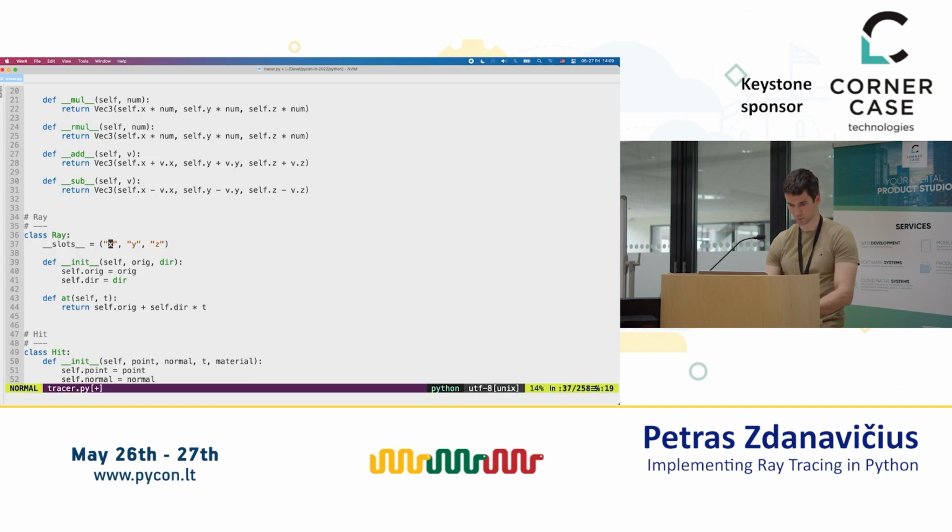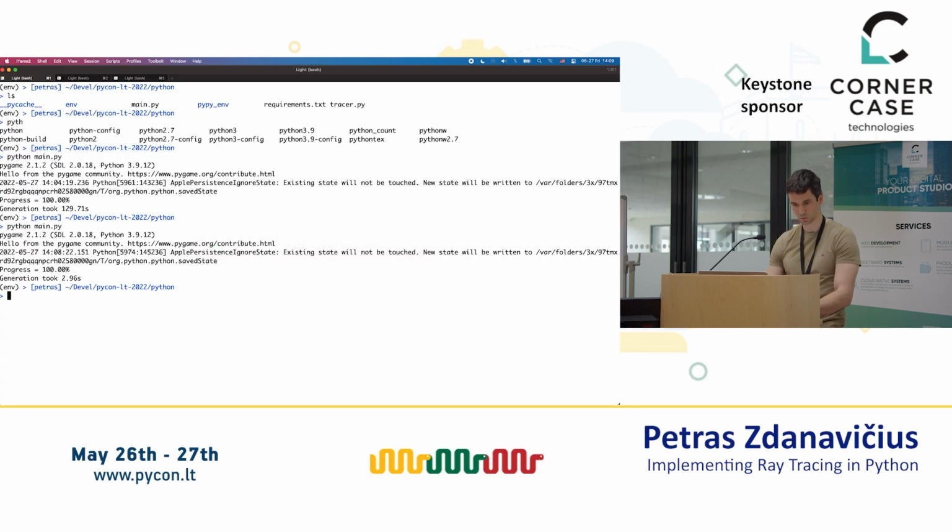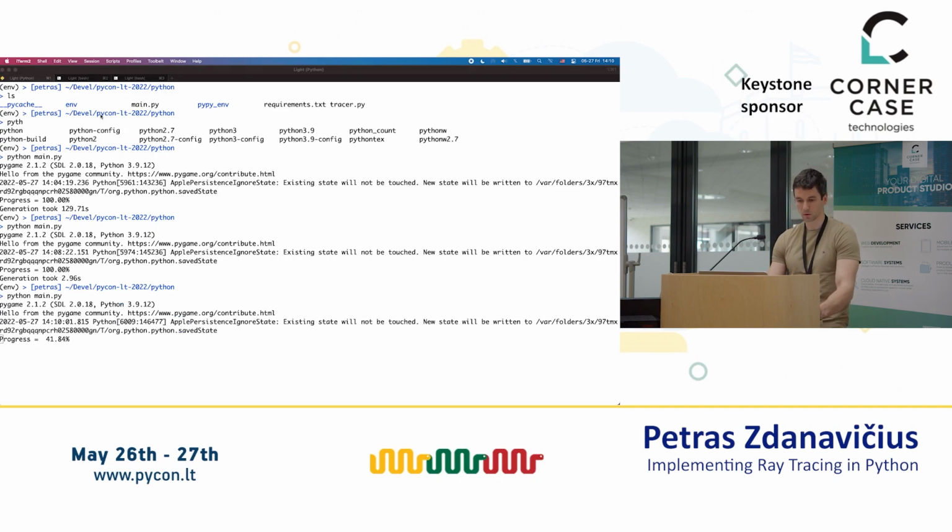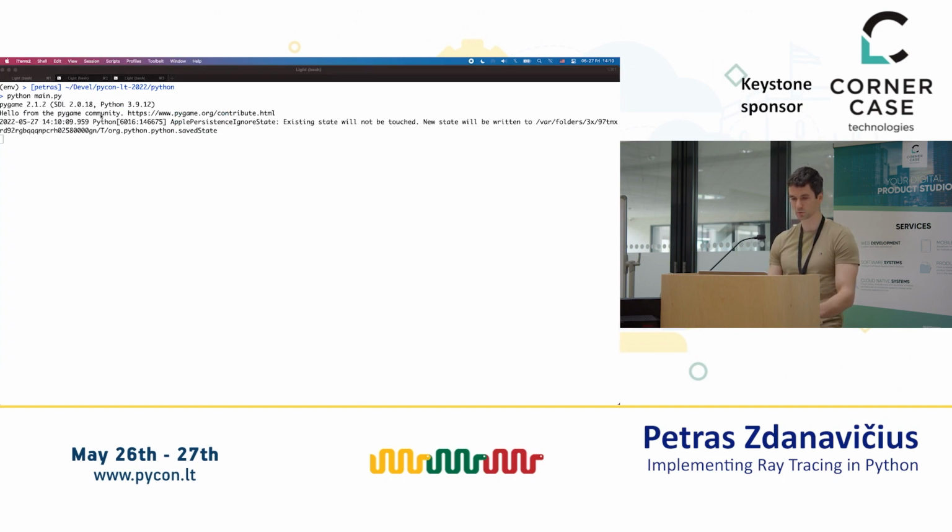So it's going to be big and 2. Let's try to run. Where's my terminal? Okay, running. A little bit faster. Not an order of magnitude, so still not good enough for me.